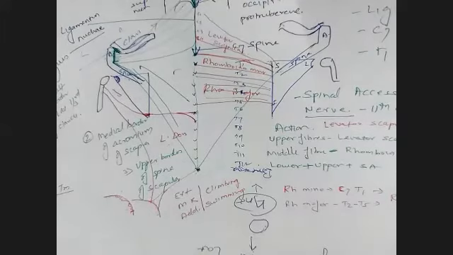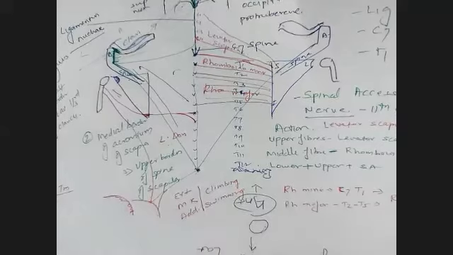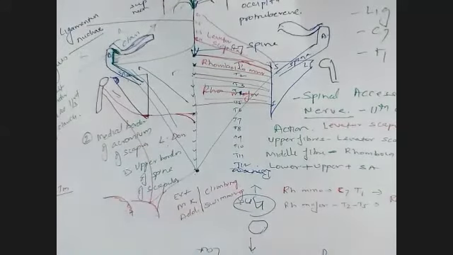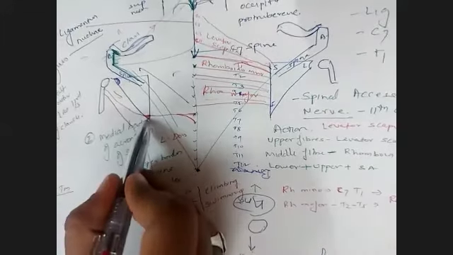Used in climbing, pulling. Because it is on the side of the back, it is used in violent expiratory actions like coughing, sneezing. It is basically a climbing muscle and it holds the inferior angle of scapula in place.